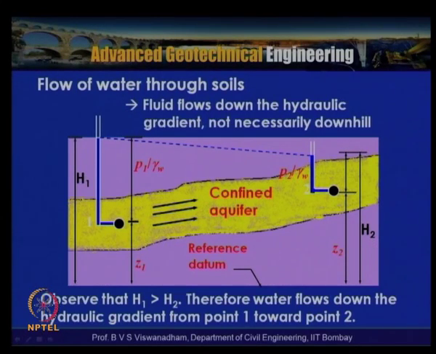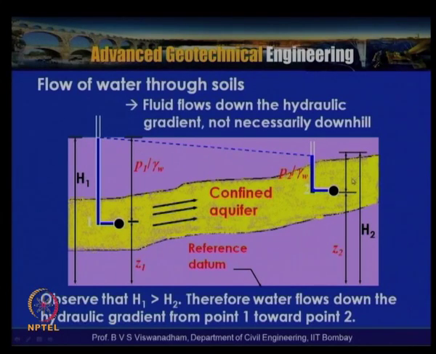If H1 is greater than H2, that means water flows down the hydraulic gradient from 1 to 2, from here to here. So, with H1 greater than H2, water flows down the gradient.